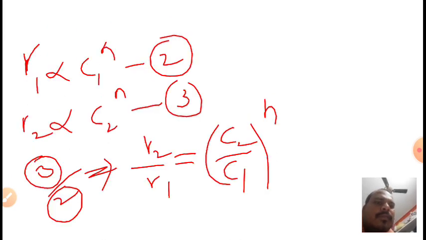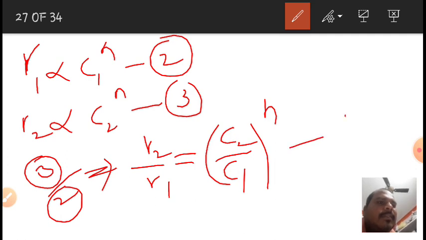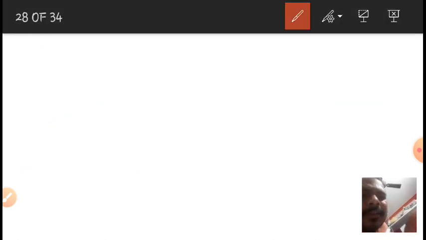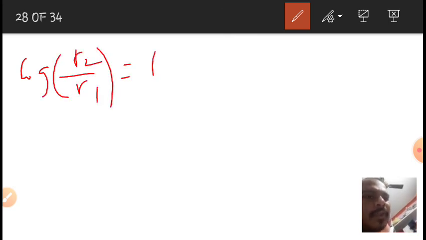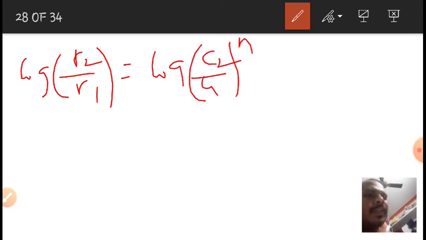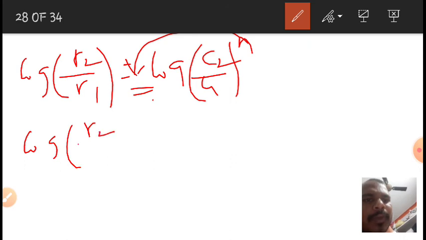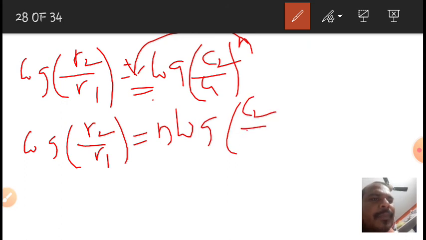This is equation 4. Taking the logarithm of equation 4, we get log of R2 by R1 is equal to log of C2 by C1 to the power of n. Anything to the power of n in a logarithm comes to the front, so log R2 by R1 is equal to n log C2 by C1.